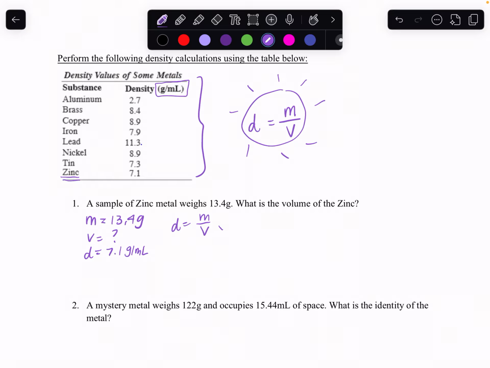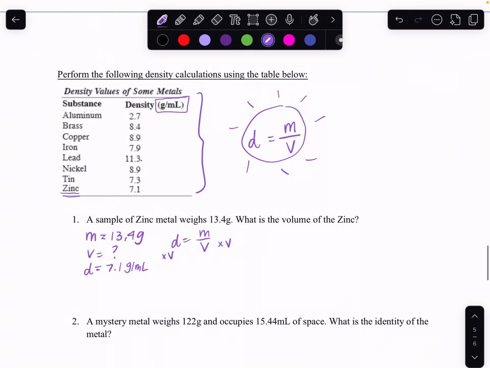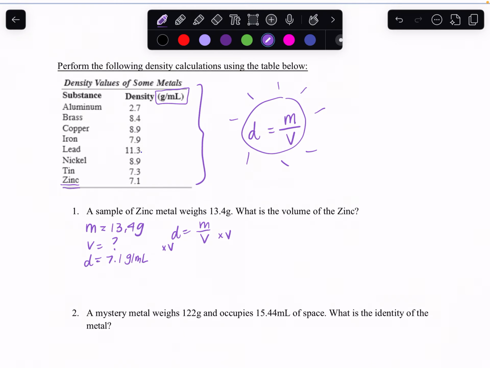So you can go times by volume over here, times by volume. And now my new equation looks like density times volume equals mass. Now, I'm going to make a point that when we multiply by volume on this side, these are going to cancel out, okay? That's how we're getting rid of it.